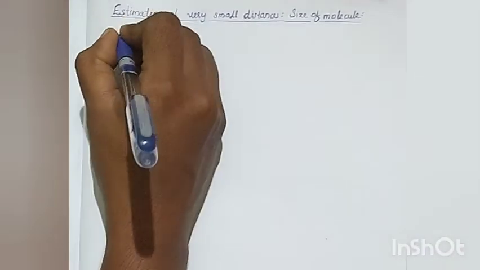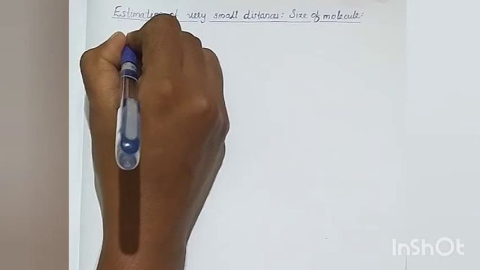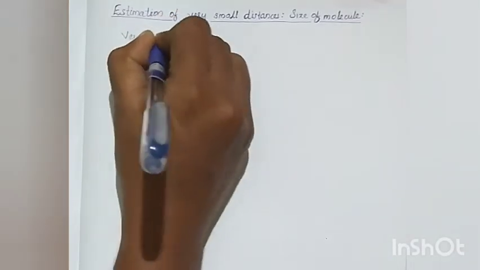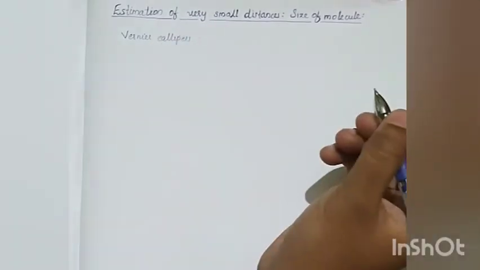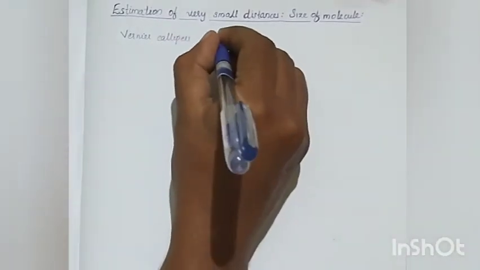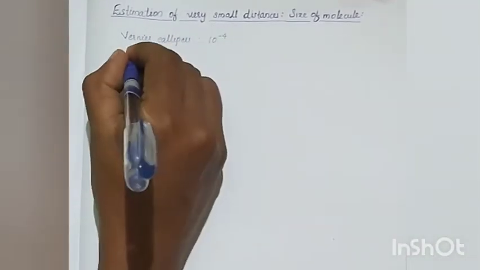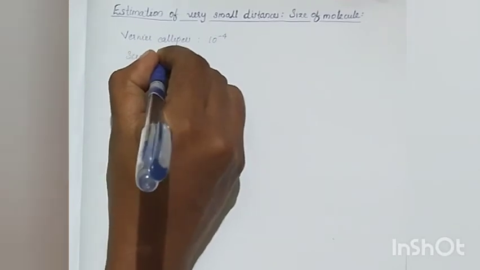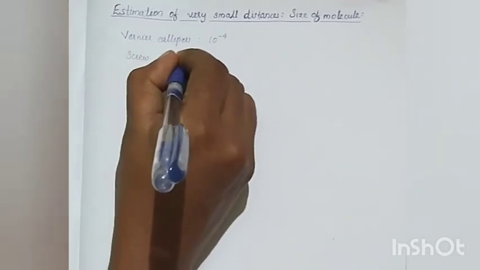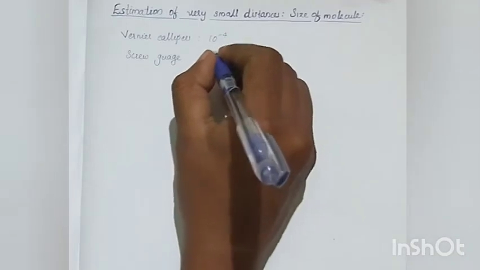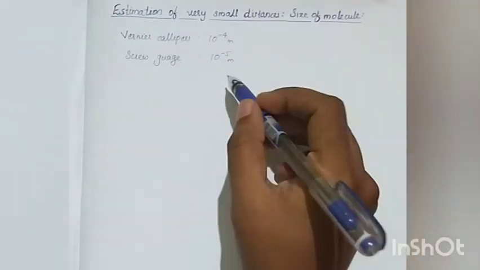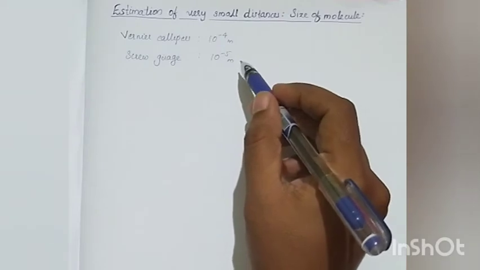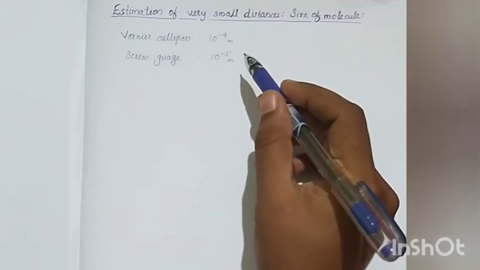Vernier calipers are instruments that give an accuracy of 10 raised to minus 4, whereas from a screw gauge we can get a precision of 10 raised to minus 5 meters. So these are the maximum accuracies that we can obtain practically using measuring equipment.